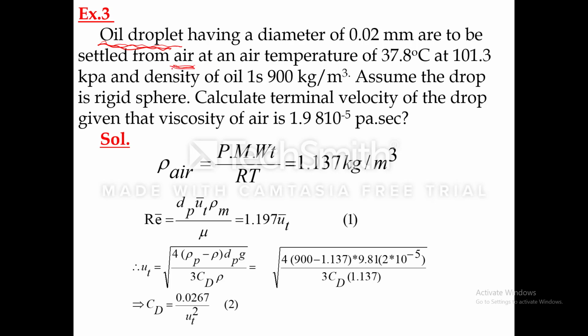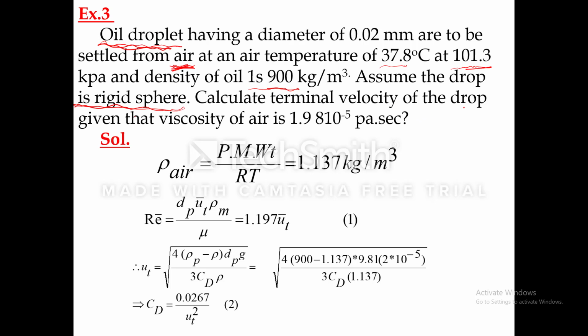So my fluid here is air at a temperature of 37.8 degrees centigrade and 101.3 kilopascal, and the density of oil is 900 kilograms per cubic meter. Assume the drop is a rigid sphere. Here he told me to assume it is a rigid sphere, but if he didn't, I would have to assume that this oil drop is a rigid sphere.